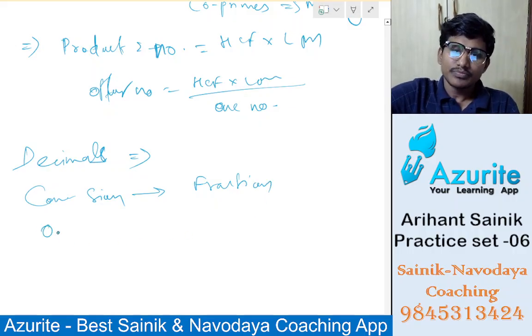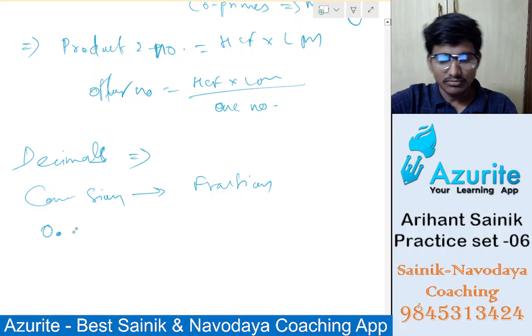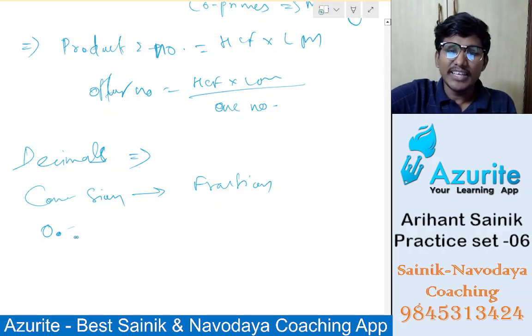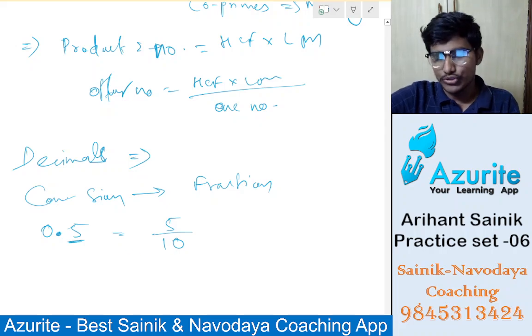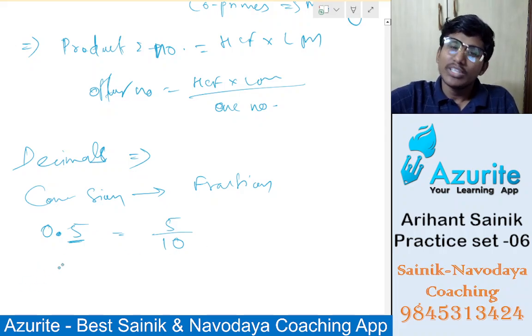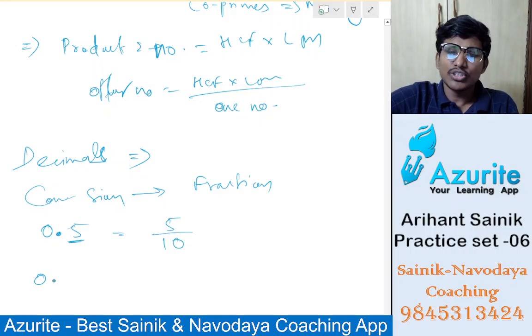We have to see after the decimal point how many places there are. 0.5 has one decimal place, so we write 5 divided by 10. How many decimal places there are, that many zeros will come below. If they give 0.25, 2 decimal places, 25 by 100. 2 decimal places means 2 zeros.